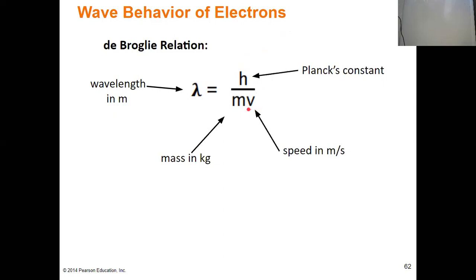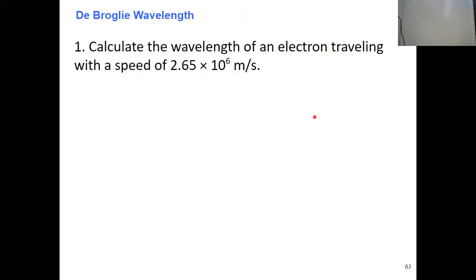Notice how this v is a regular looking v. That's because it's the velocity, the speed in meters per second. Okay, so we can relate any of these components to one another as long as we have the rest of them. So using this, we can calculate things like the wavelength of an electron traveling at a specific speed, or the speed of an electron at a particular wavelength, right? That's interesting information to be able to come up with.